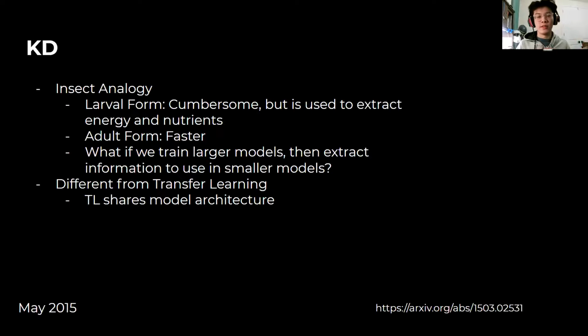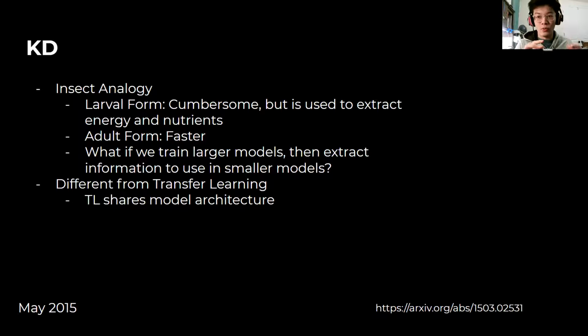In the paper, he started with an analogy. For a lot of insects, there are two forms: the larval form and the adult form. The larval form is when it's just, I guess, a baby.